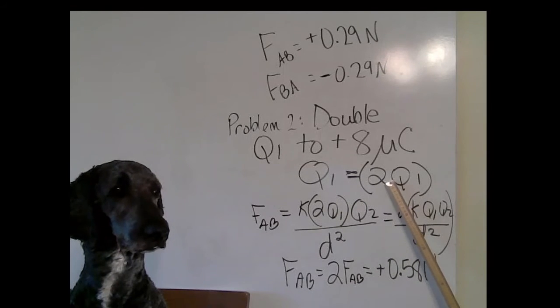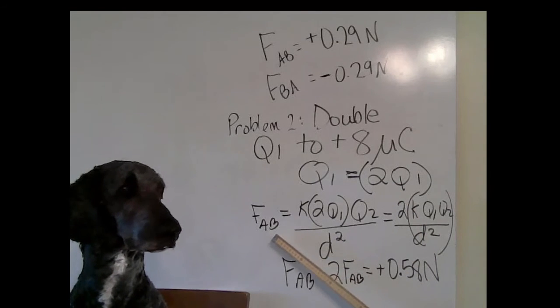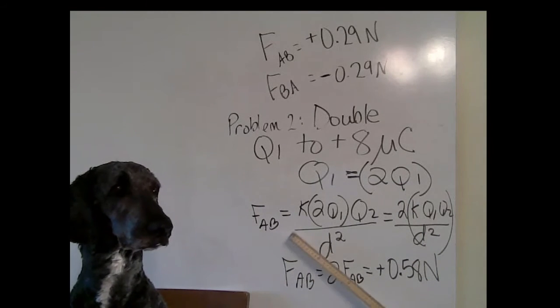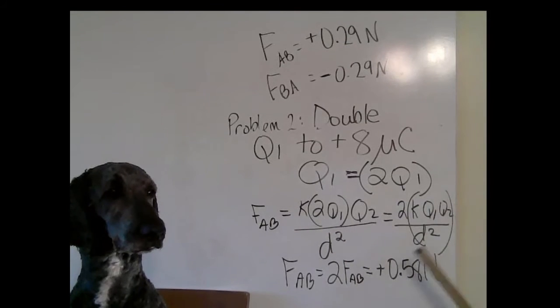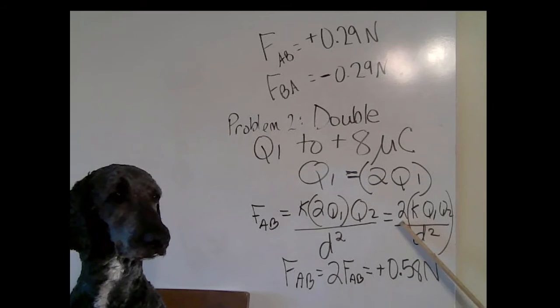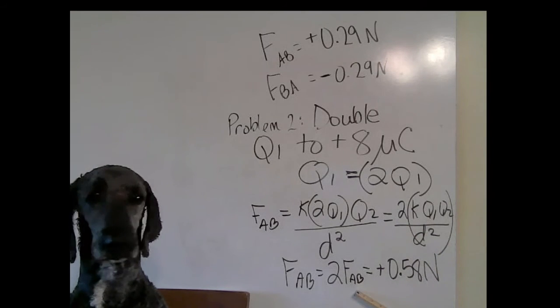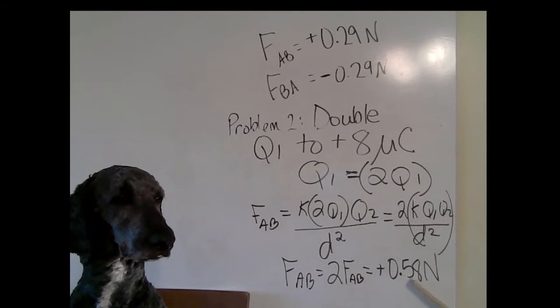And I just want to show you that this now becomes a proportionality problem, because if you look at the force from A on B, and you plug in 2 times Q1 but leave everything else the same, you'll see that the 2 comes out in front, and it's essentially just 2 times the force of AB that you got in the original problem, so it becomes 0.58 newtons.